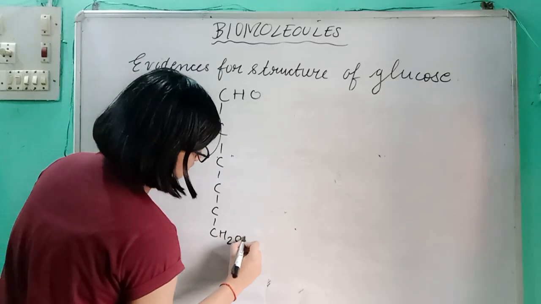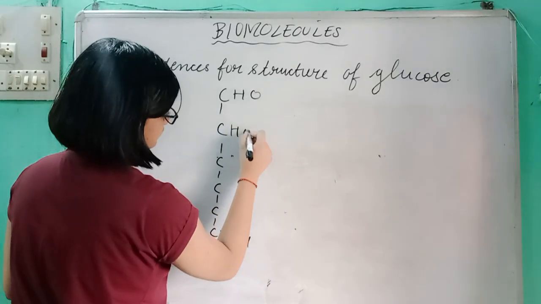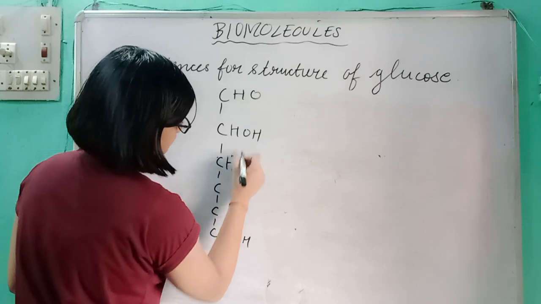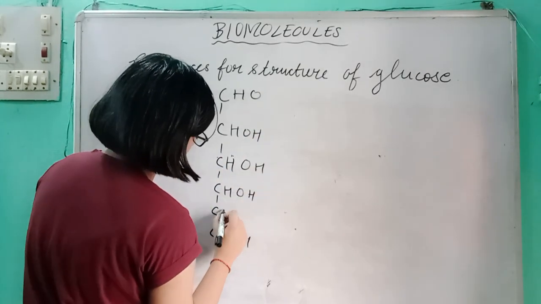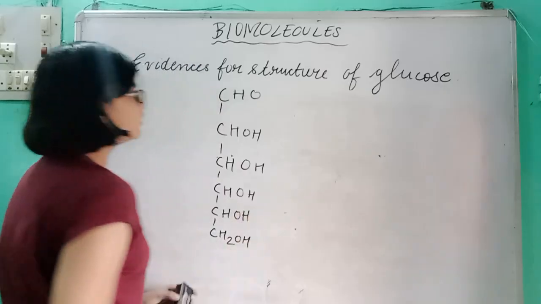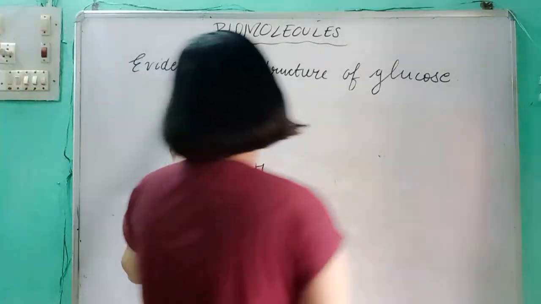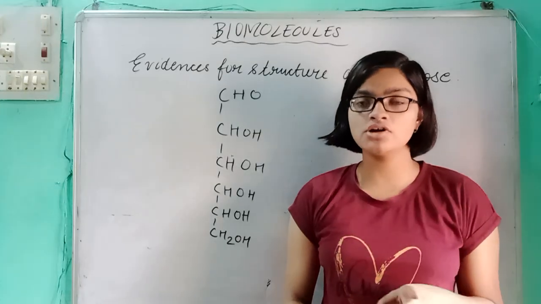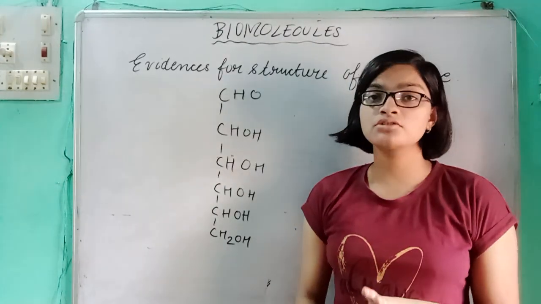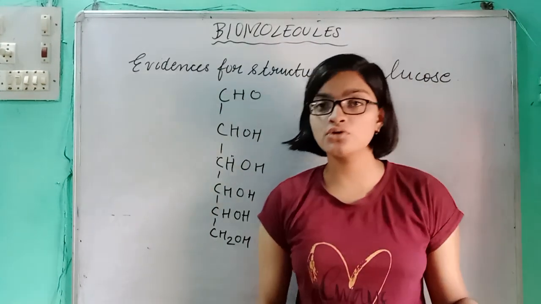This is our structure. So, let's recall all of the evidences for the structure of glucose. First of all, we saw the preparation of glucose, that was from sucrose. Whenever sucrose undergoes hydrolysis, it gives glucose as well as fructose.